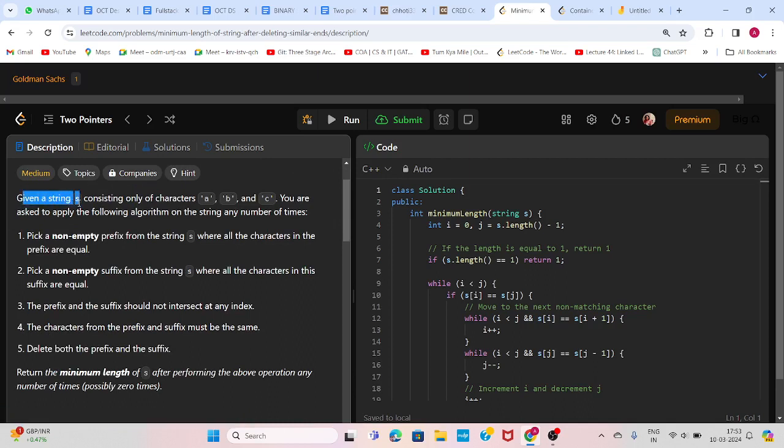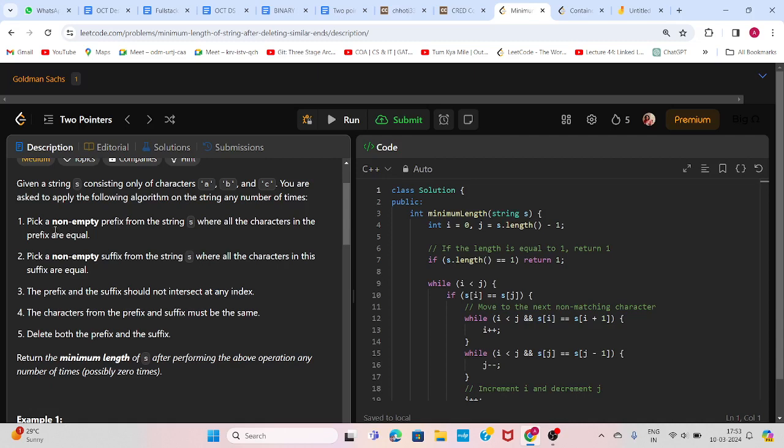We are given a string consisting of characters A, B, C. It means the string has only three characters A, B, C. Not that all three characters must occur, but it consists of A, B, C only. Now you apply the following algorithm on the string any number of times.